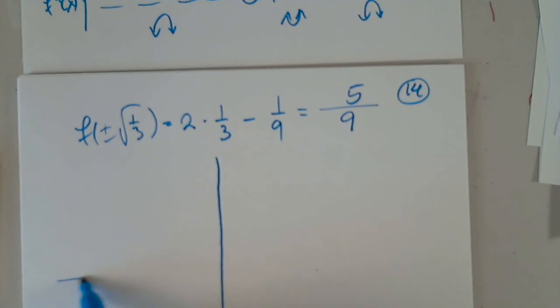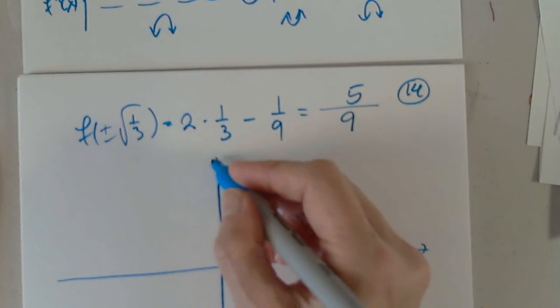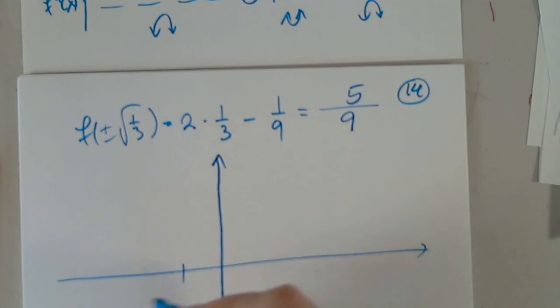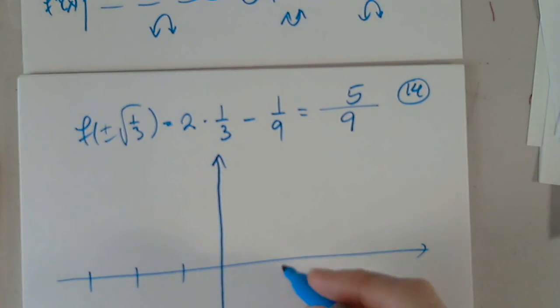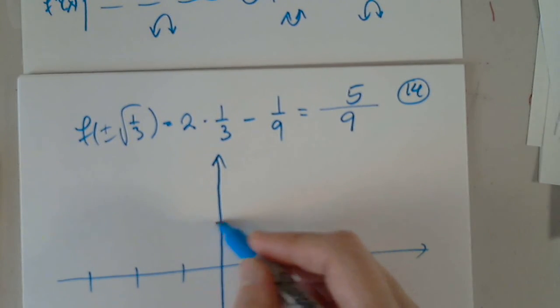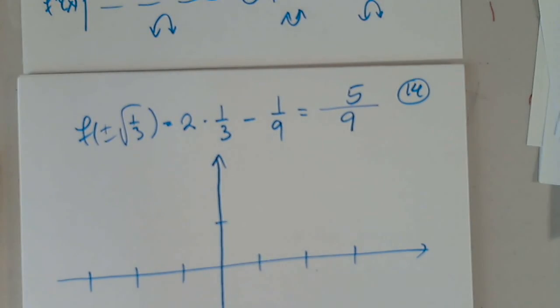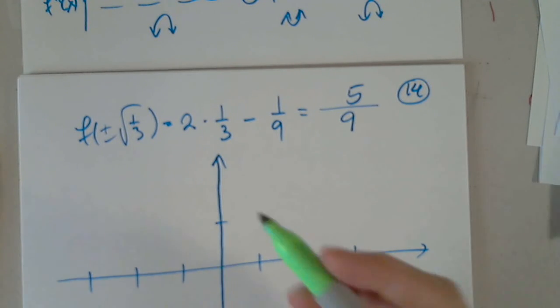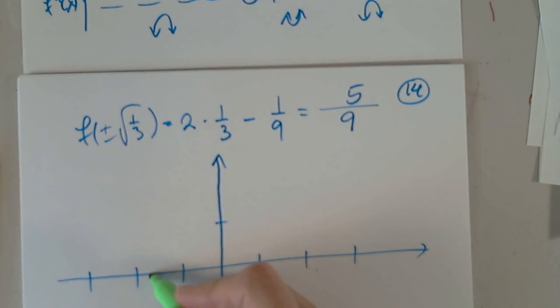Since the numbers are so small, I'm going to say 1, 2, 3. 1, 2, 3. Okay. 1, 1. That's it. Okay, ready? I'm going to plot the points I have. Negative the square root of 2 is 0. Oh, that's not a good color.